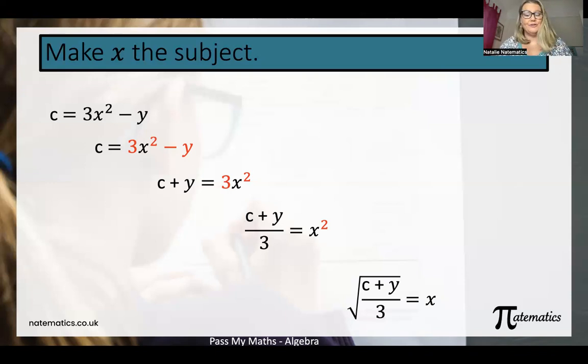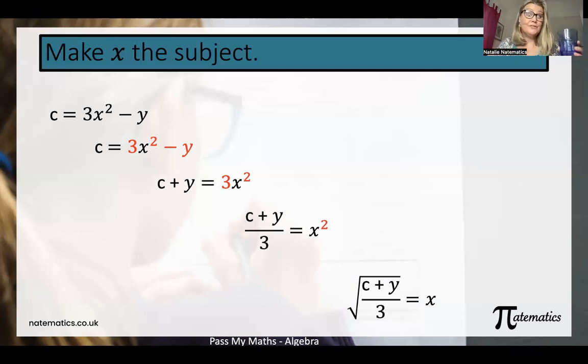Squaring, square root. To be absolutely accurate, and I've not put that in here, what is missing from this answer here? Because sometimes in an exam, you might be told that this is a measure, you are trying to find like a length or an area or something. And so therefore, the number you get must be a positive answer.